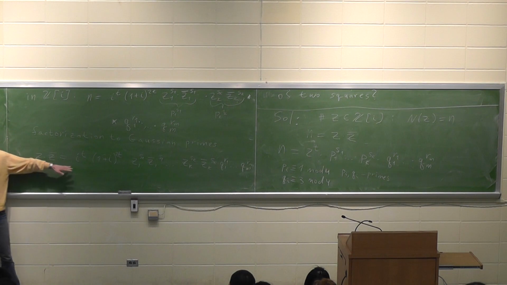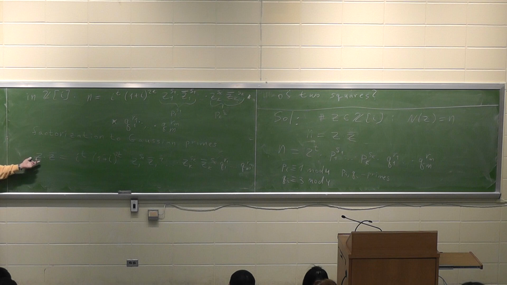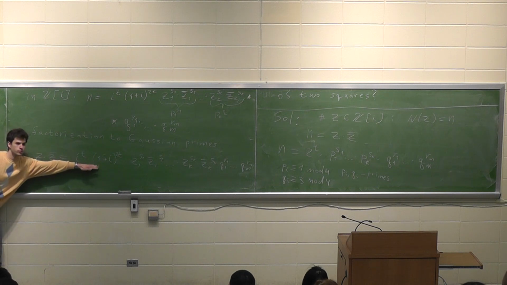So I want such equality to hold. So I want to decide how many times the different primes that appear here divide z.